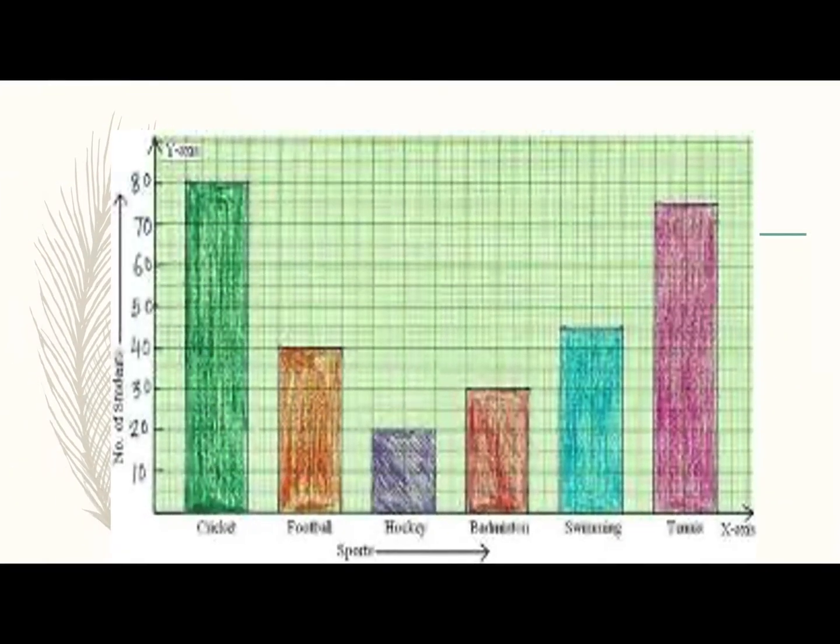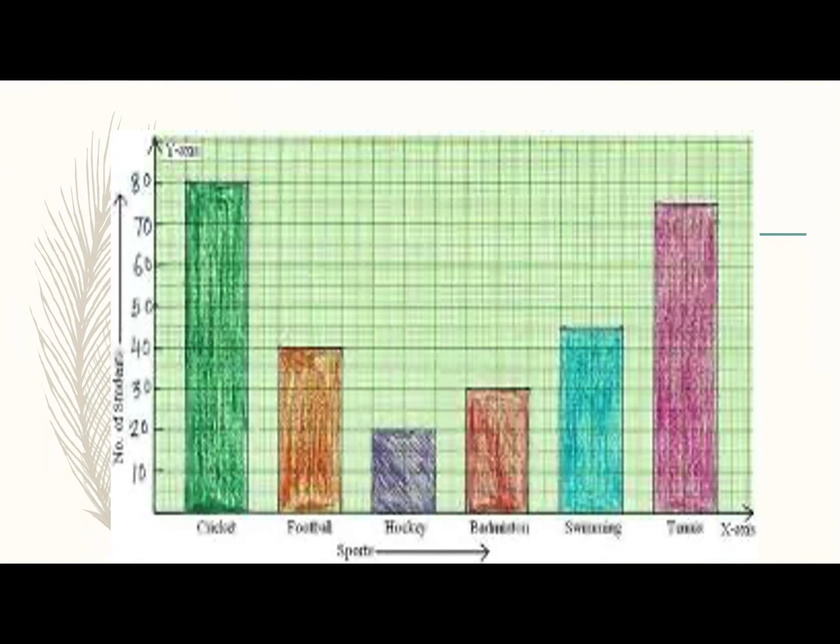Here is another way of representation of data. This is called a bar chart. Here is the number of students liking games like cricket, football, hockey, badminton, swimming, and I think table tennis. In the y-axis it is the number of students. 80 students like cricket, 40 students like football, 20 students like hockey, 30 students like badminton.